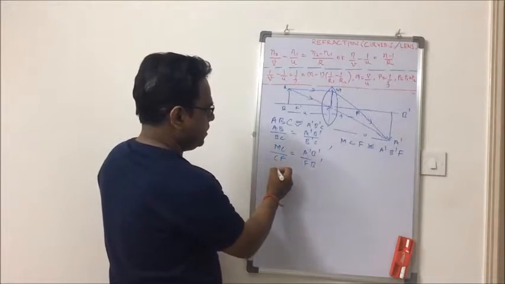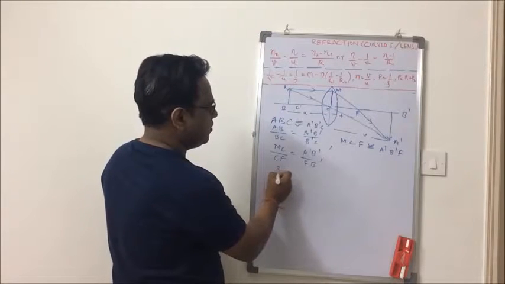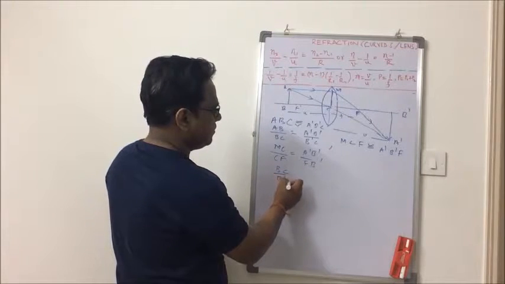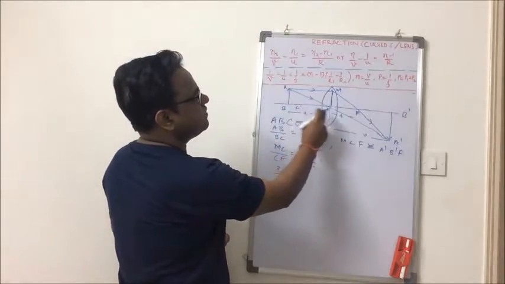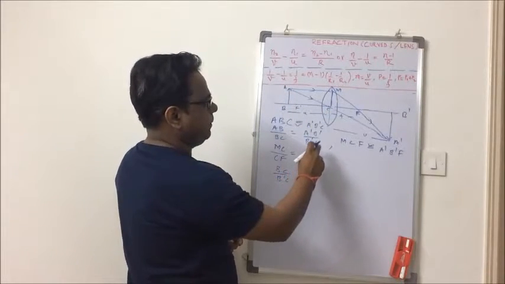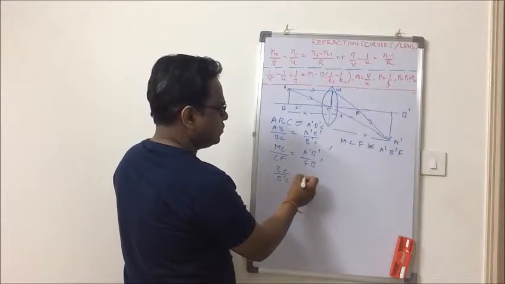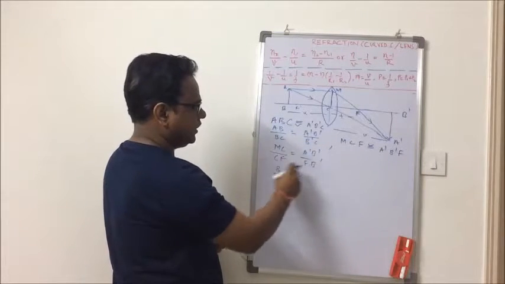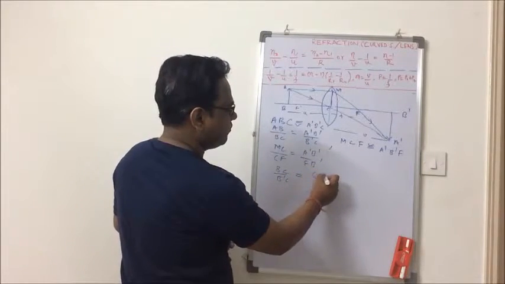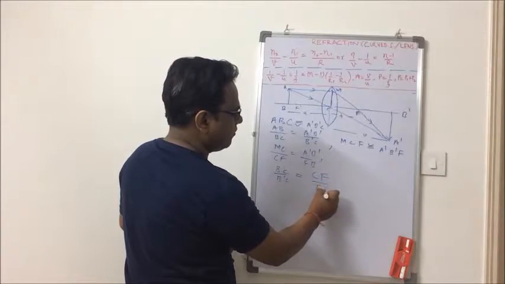So we will say BC divided by B dash C equal to, from second equation, CF divided by FB dash.